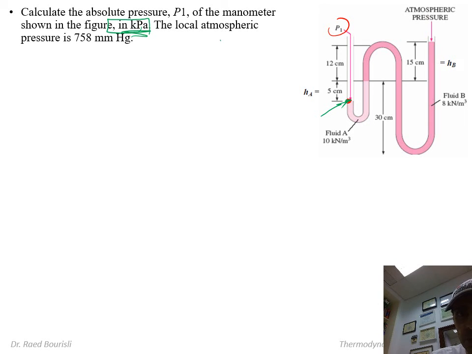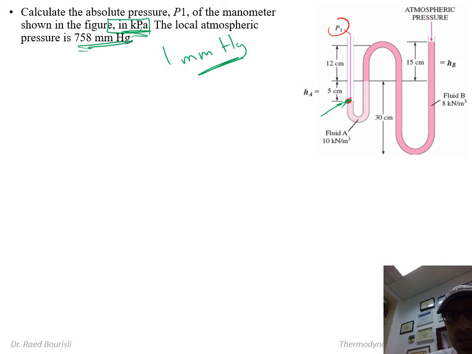The local atmospheric pressure is 758 millimeter of mercury. We all know how to convert this. You could convert this, or just memorize that 1 millimeter of mercury, as a unit of pressure, is equal to 0.1333 kilopascal.